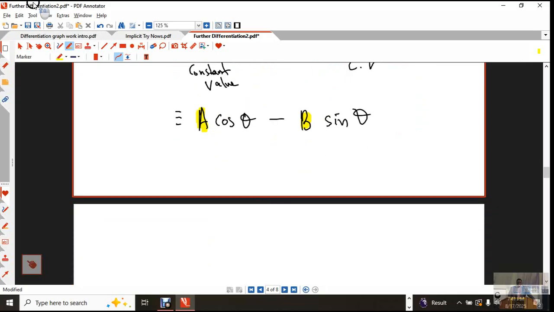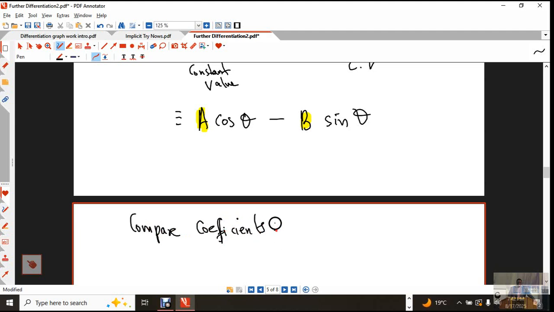Now let's continue, because I will be doing a practical exercise there. Let us now compare the coefficients.